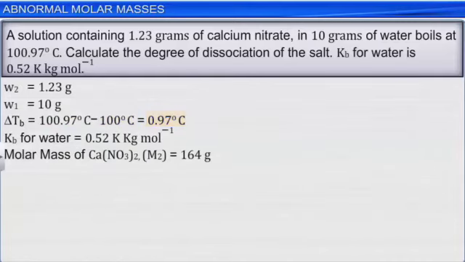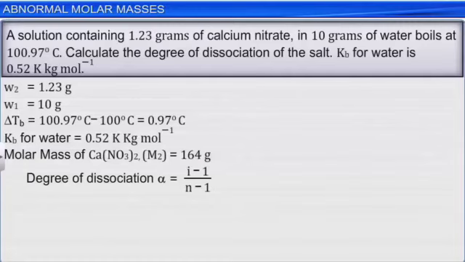Kb for water is 0.52 Kelvin kilogram per mole. Molar mass of calcium nitrate, M2, is equal to 164 grams per mole. The degree of dissociation needs to be calculated. For finding the degree of dissociation of the salt, we first need to calculate Van 't Hoff's factor, i.